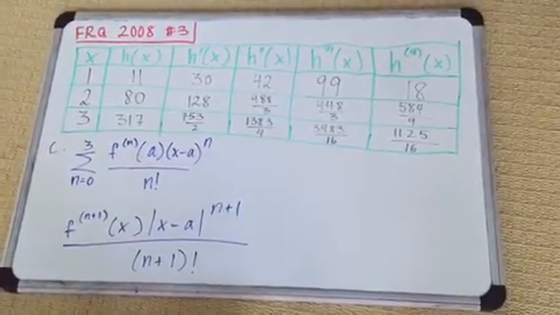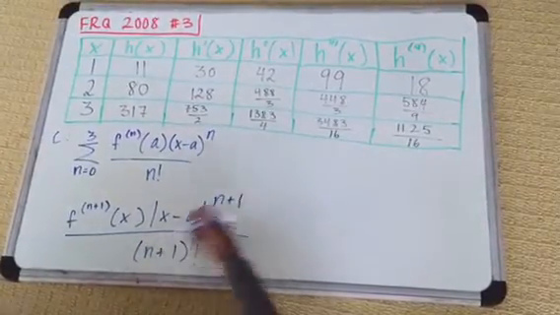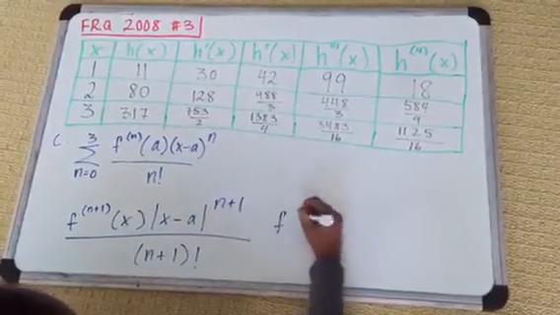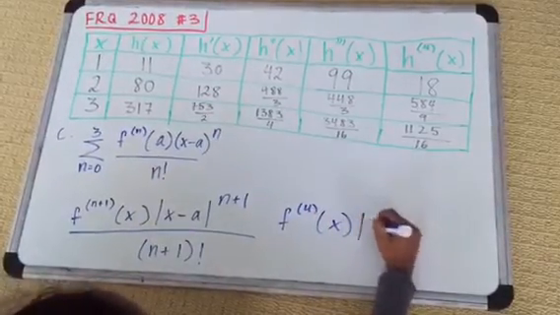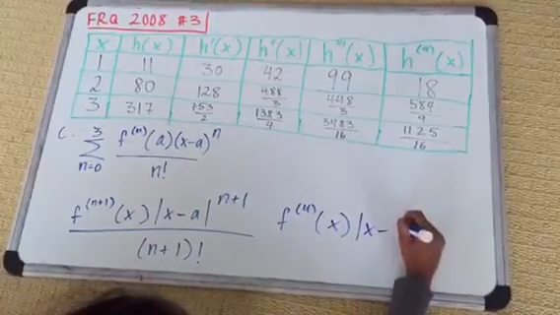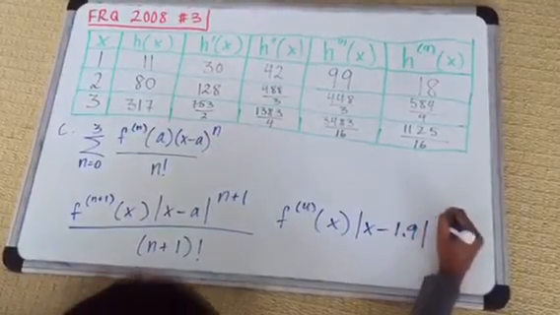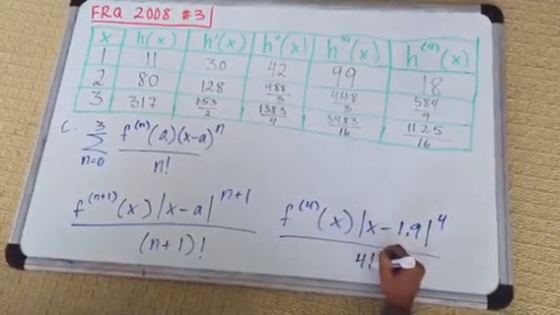So we're going to plug in 3 for n. So when we plug in 3, we get f^(4) of x, times the absolute value of x minus a, which is 1.9 minus 2, to the 4th, all over 4 factorial.